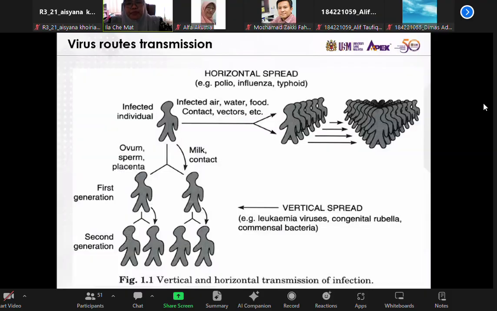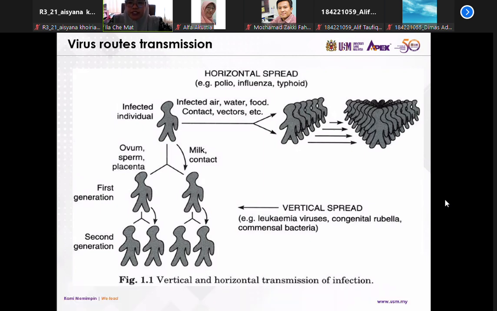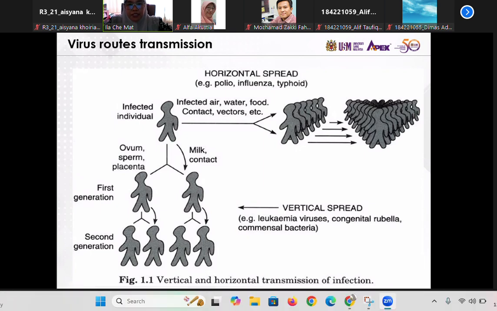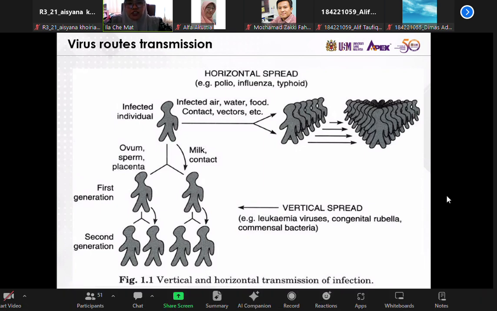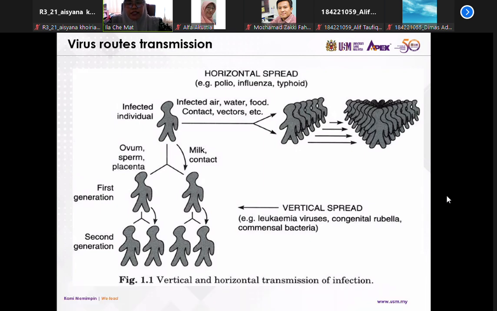The medium can be water, food, or direct contact. And vertical is something that you pass from one generation to the next, for example from a mother to the baby, like HIV or rubella. So we call this vertical.